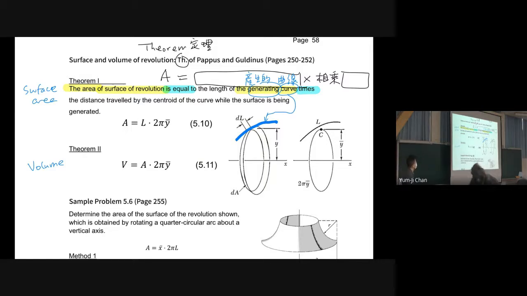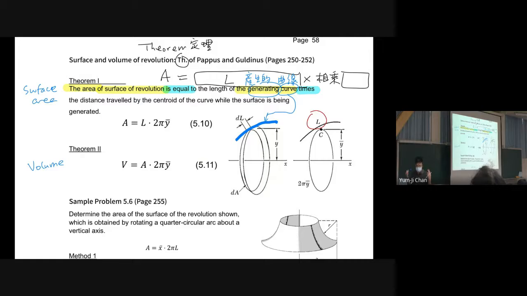Now, the surface area of surface of revolution is equal to the length of the generating curve. Here we will say the length of the curve is L. Times something.